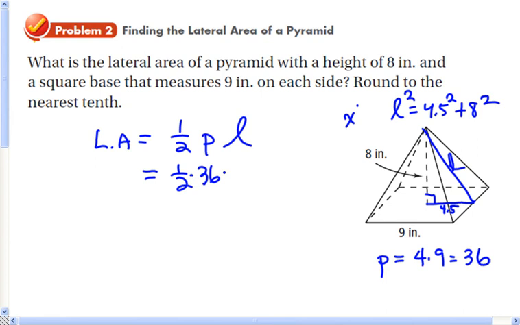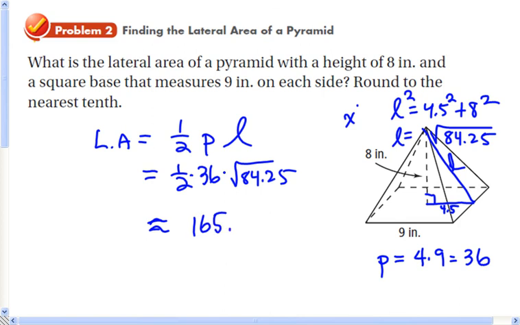And so L is equal to the square root of 4.5 squared plus 8 squared, which is 84.25. And plugging that into the formula, and approximating that, we get about 165.2 square inches. All right, I'll let you try that.